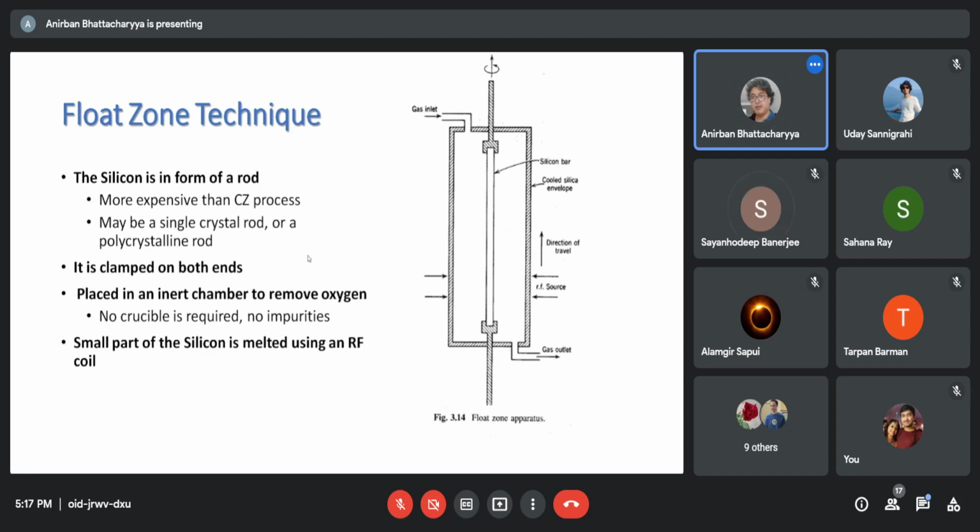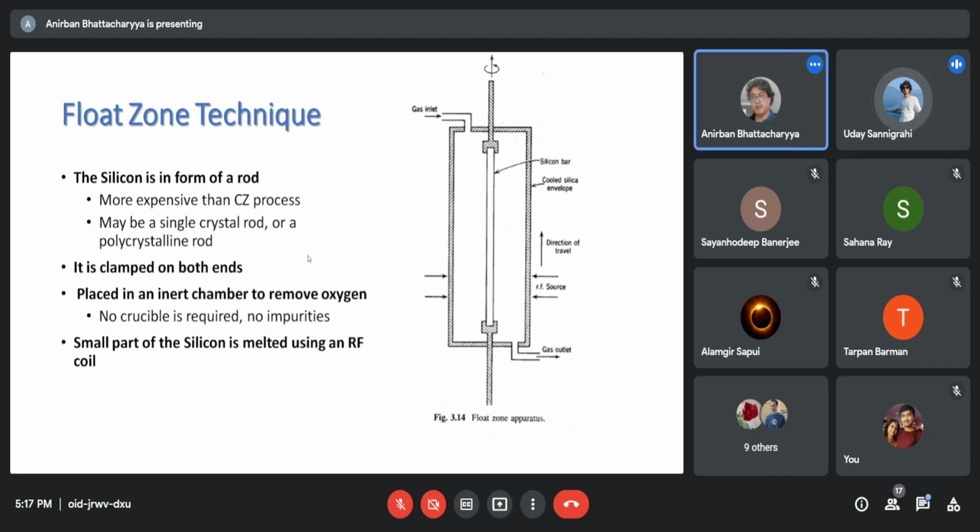And there's a gas inlet and outlet, so an inert atmosphere is maintained, so ambient impurities do not come in.